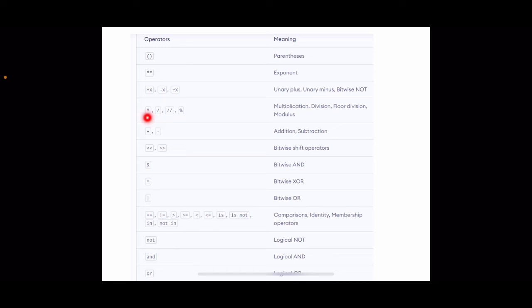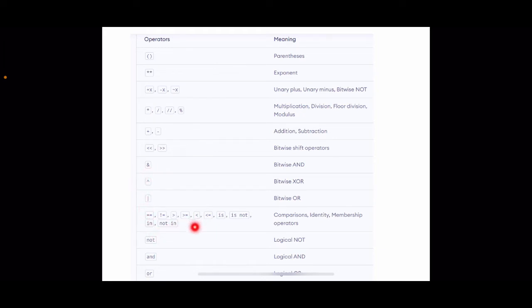Only one type of multiplication, right? Two different types of divisions are there. And modulo operation is also there. All the four is having the same precedence. Then we have arithmetic plus and minus, both having the same precedence. Then we have the bitwise shift operation, logical shift left and right. Then bitwise operation, in that ANDing is having the highest precedence, then XOR, then OR.